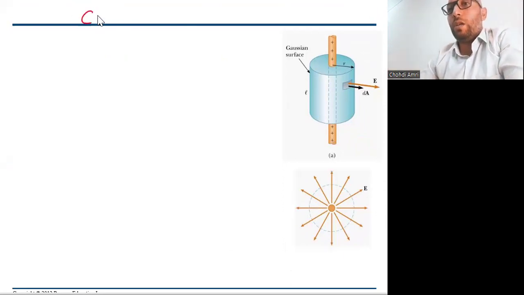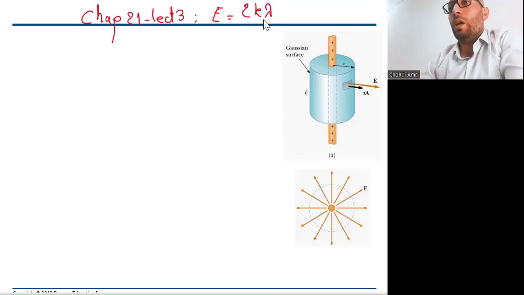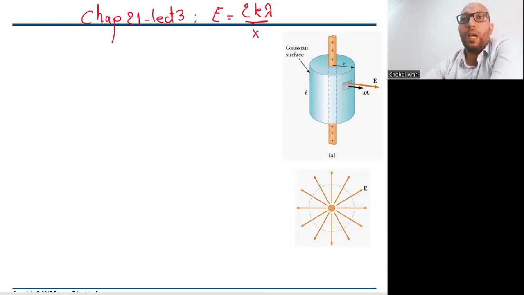In chapter 21, lecture 3, we said if we are talking about an infinitely long charged wire, in this case the electric field at a distance x will be 2k lambda over x, where x is the distance between the charged wire or the charged rod and the point P. In lecture 3, we demonstrated the electric field using k times the integration of dq over r squared. Using this equation.